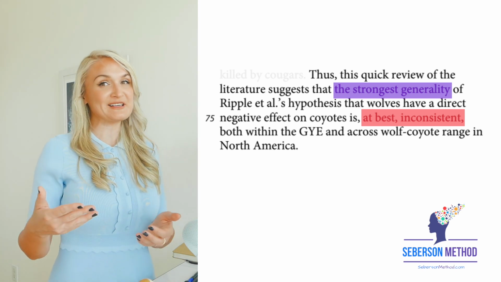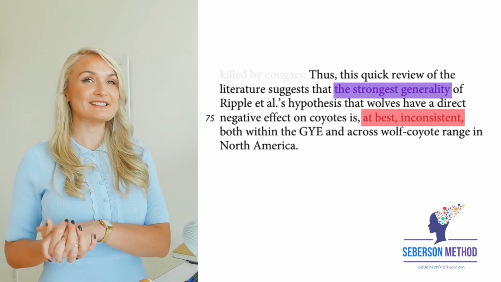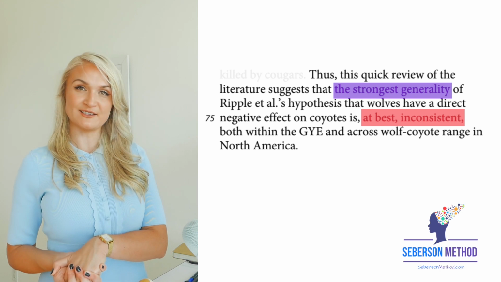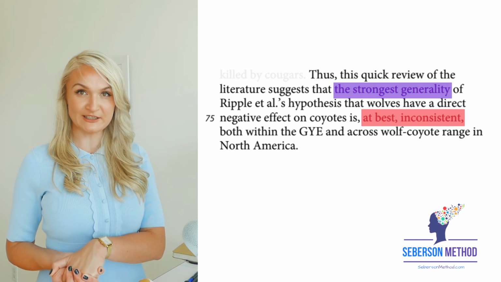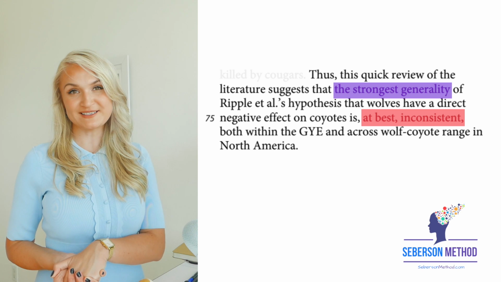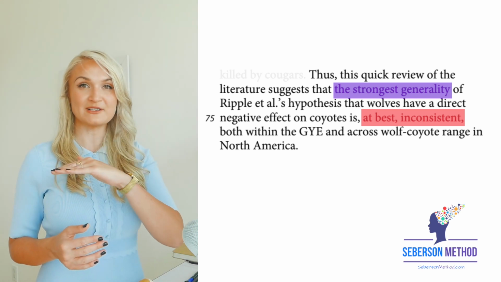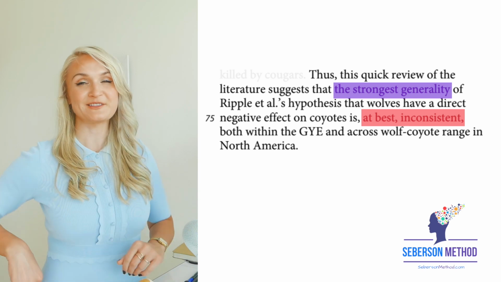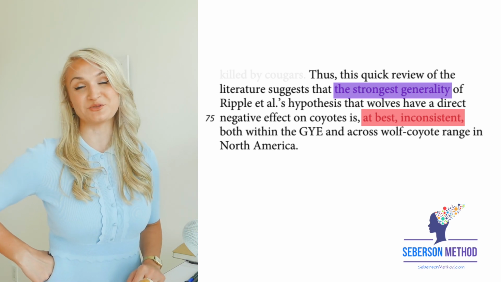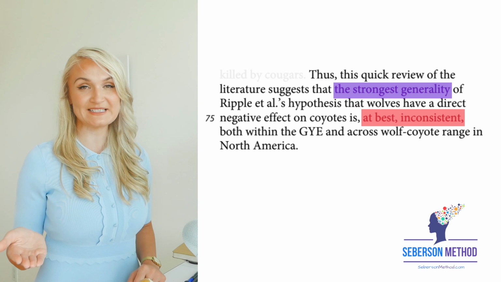To say at best inconsistent is a polite way scientists use to say completely wrong. So if you find a study and it says that such and such claim was inconsistent, they're trying to say that the claim was absolutely wrong and unsupported by data.